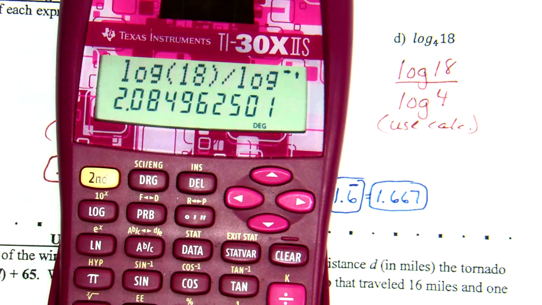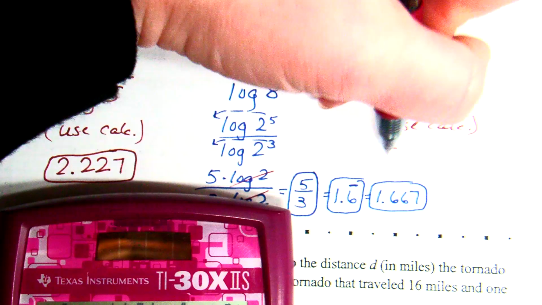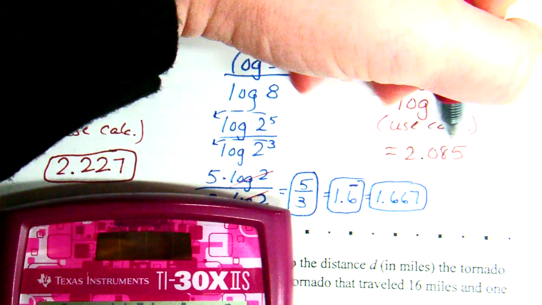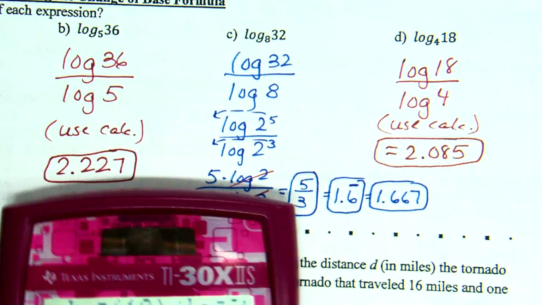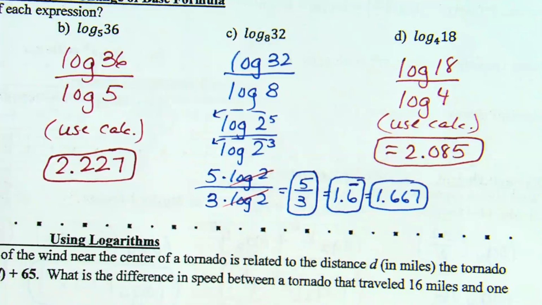Okay, 2.084 is what I have currently. 9 tells the 4 to go up. So this is approximately 2.085. Okay. So officially now, you can do any log you want on any basic scientific calculator that has a log button, because you can use that change of base formula.